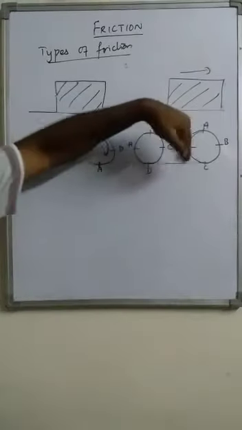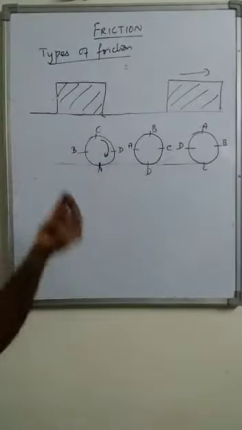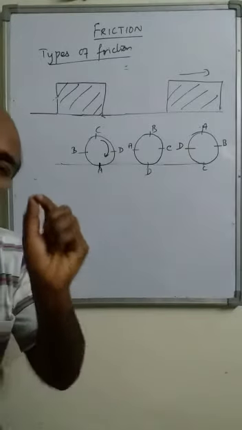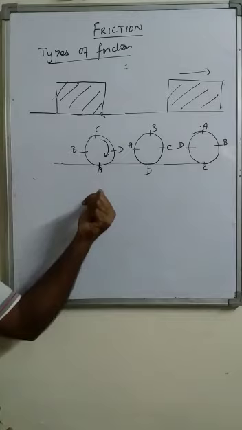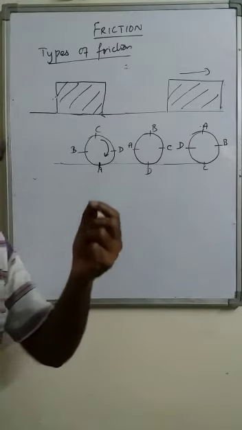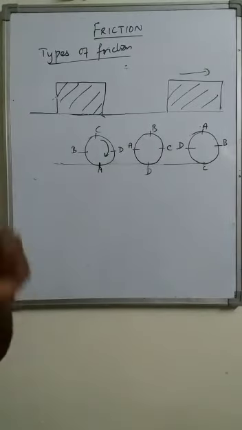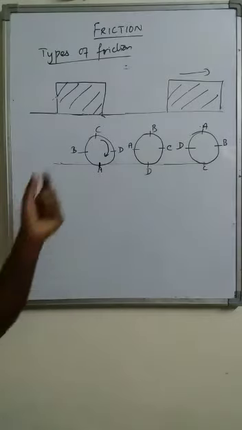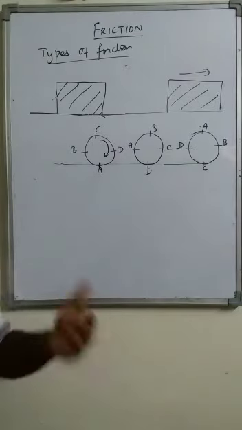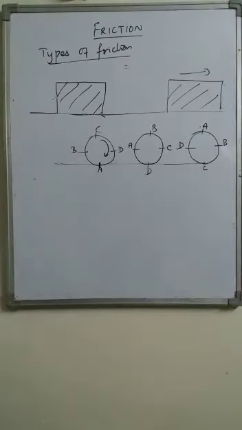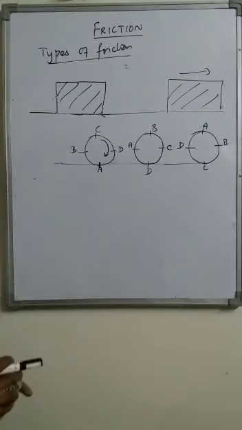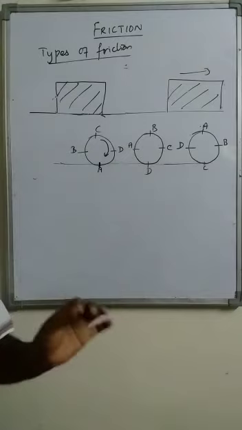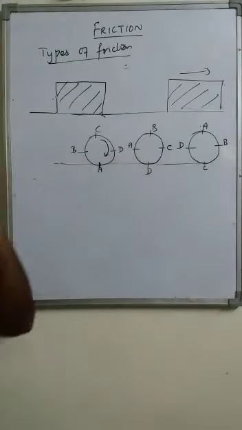New surfaces are coming in contact with each other, and that too for a very small time. As the ball rolls, the surface is in contact for a very small time. In that very small time, the interlocking becomes weaker and weaker. That's why in this case, the surfaces get the least time for the interlocking, so the friction is least.